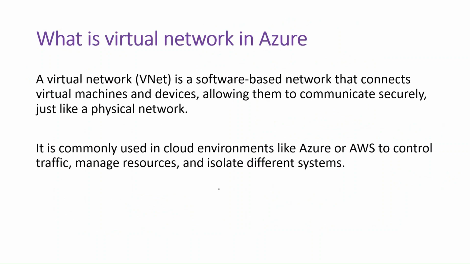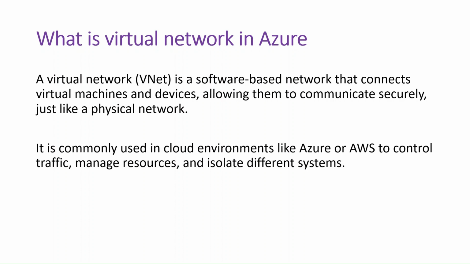Okay. So now comes the question, what is a virtual network? An Azure Virtual Network is a software-based network that connects virtual machines and devices, allowing them to communicate securely just like a physical network. Okay, so in our organization, we can define something called VLANs in the switches and routers. So likewise, we are using specialized software.